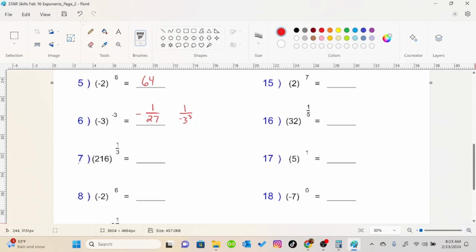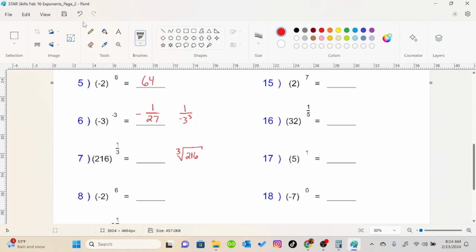Number 7. We have 216 to the power of 1/3. If you remember, the denominator becomes the root and the numerator stays with the base number. So this becomes the cube root of 216, because anything to the power of 1 is itself.